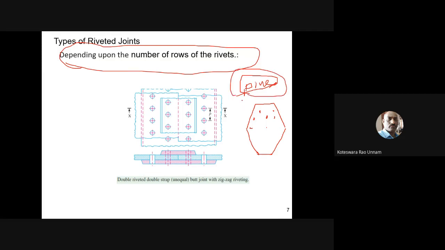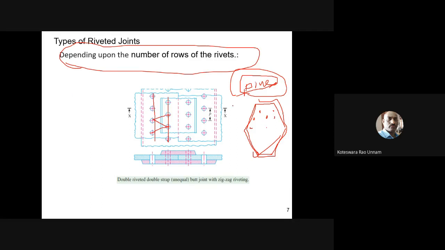Why do we call it diamond? Because the shape is something like a diamond. That's why it is called diamond riveting. So again it is a butt joint, or sometimes it may be a lap joint also, but the thing here is how the rivets are arranged. You can see the rivets are in all the lines here, but we call it zigzag because it is something like this.